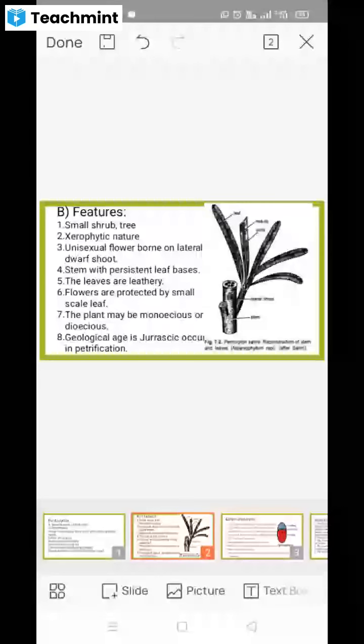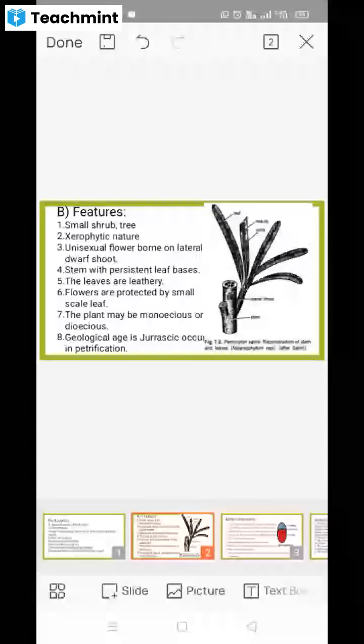Dioecious plants means the male plant and female plant are separate. So Pentoxylon may be monoecious or dioecious, because these flowers are unisexual. Sometimes they are observed as monoecious, or in some cases the dioecious condition is observed.